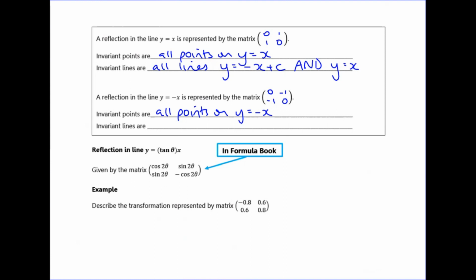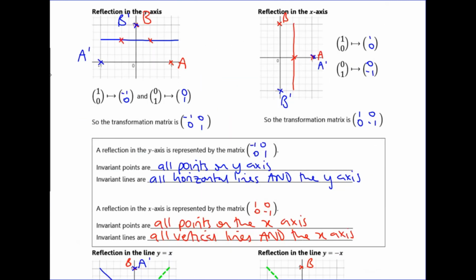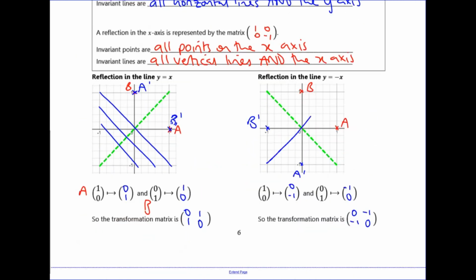And invariant lines is anything perpendicular to y equals minus x. So this is all lines y equals x plus c. So all lines with gradient 1. This one, but also this one, this one. Anything with gradient 1 will get reflected onto itself. And the line y equals minus x itself.